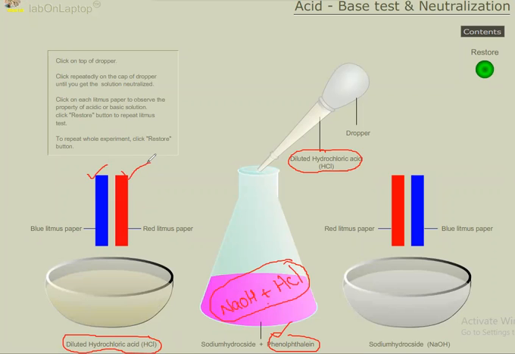For acid solutions, keep it in mind, red paper stays red, and blue paper has to turn into red color. If it turns to red, then we can say that it is an acid solution. Blue turns to red, that is acid.